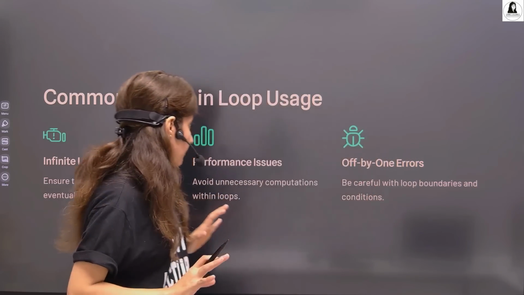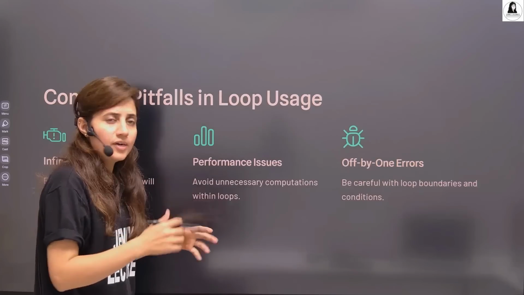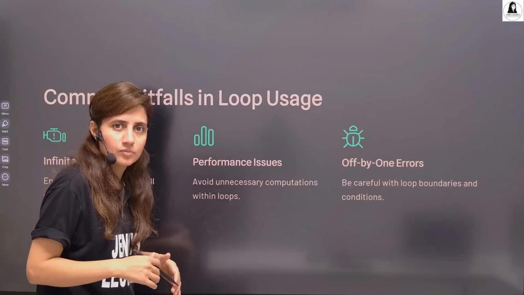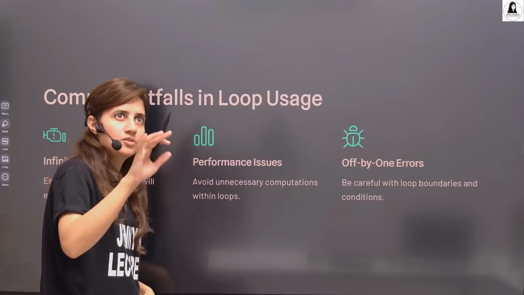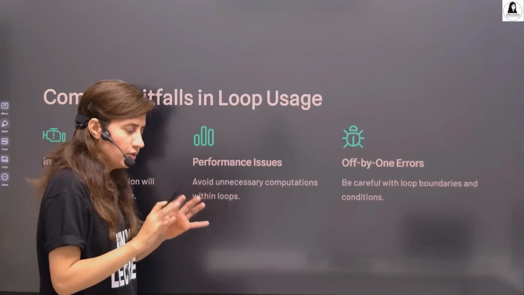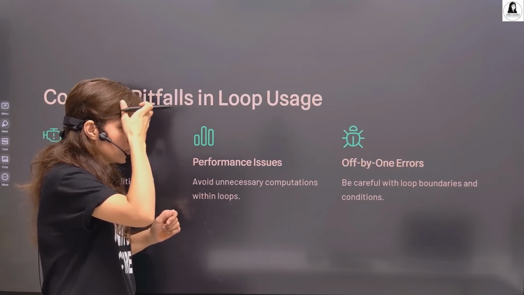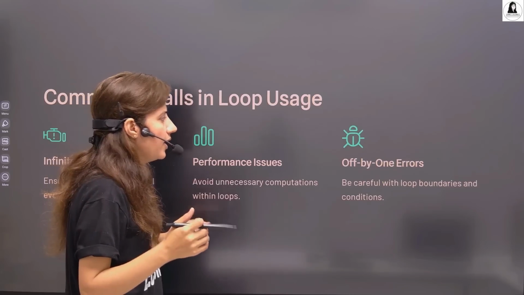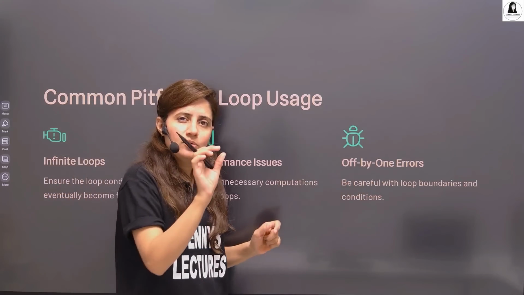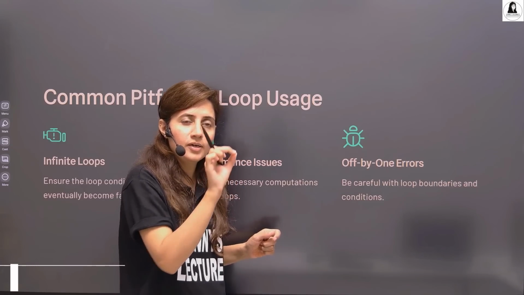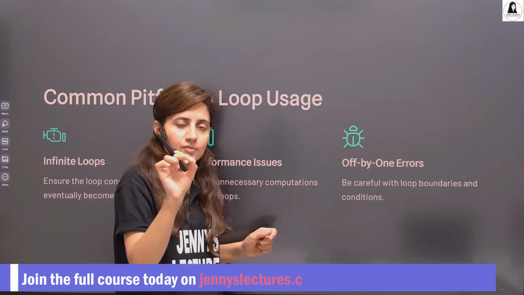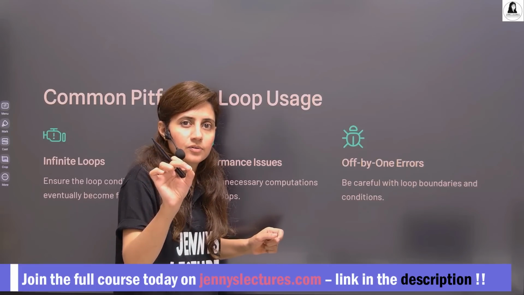Then avoid unnecessary computation or unnecessary comparison within loops. And you have to take care about the edge cases or boundaries, like whether you should write i is less than 5 or less than or equal to 5.